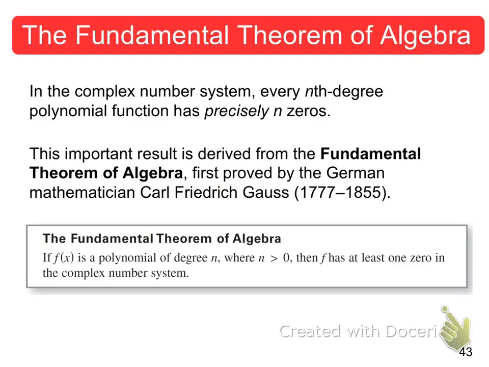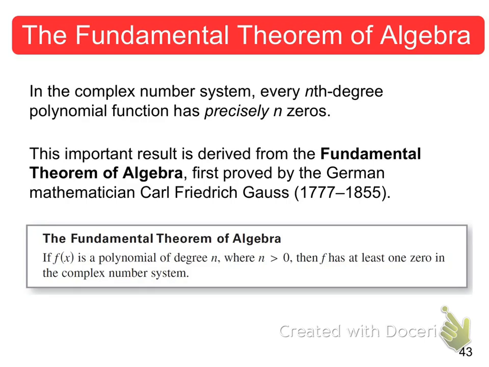Okay, this is what I want to talk about. In a complex number system, every nth degree polynomial has exactly n zeros. Now, you have to account for multiplicity, and you have to account for real and complex.